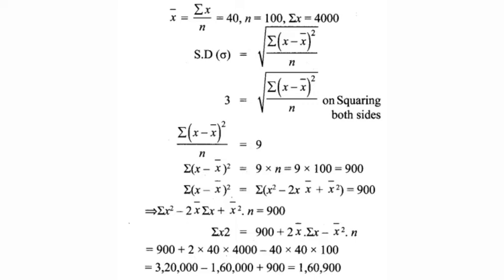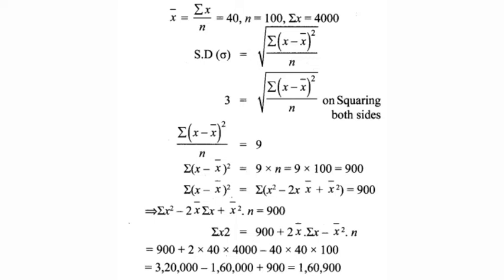Standard deviation sigma equal to root of summation x minus x bar the whole square divided by n. Standard deviation value is 3. Now taking square, therefore summation x minus x bar the whole square divided by n equal to 9. We simplify the value, n into 9, n value is 100, therefore summation x minus x bar the whole square equal to 900.